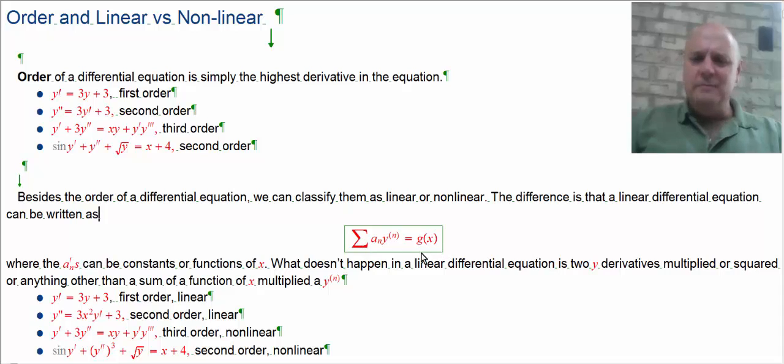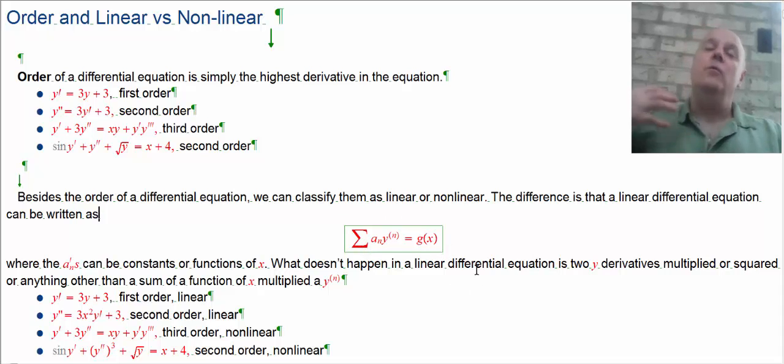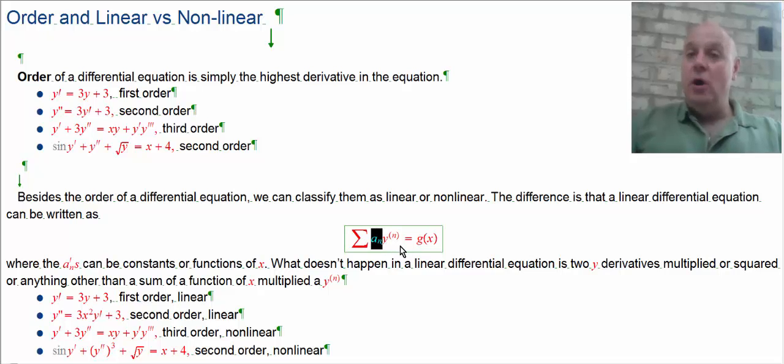This is not that helpful a definition when we first see it; we want to see some examples first. The a's could be constant coefficients, or they could be functions of x. Remember, linear versus nonlinear means in terms of the y.